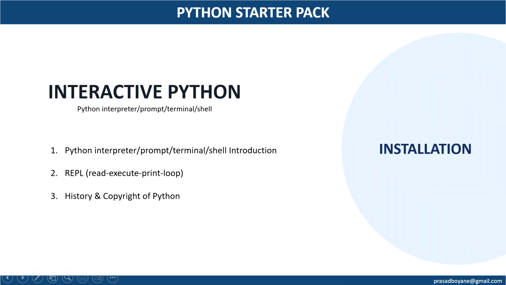That is known as the REPL environment, or read, evaluate, print and loop. We give one command, get output, again give a command, again get output, so it's happening in a loop. That's why this environment is called the REPL environment. It can also be known as the Python shell, right?